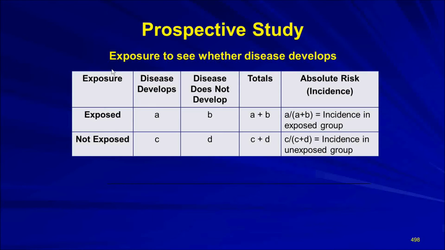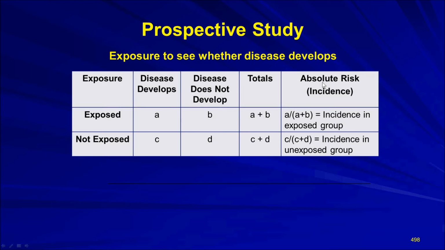Now, notice, when we have a prospective study, we have disease develops, or disease does not develop, because we're following them over time. And then we have exposure, exposed and not exposed. And if we're going to calculate absolute risk or incidence, that's A divided by A plus B, and that's the incidence in the exposed group.